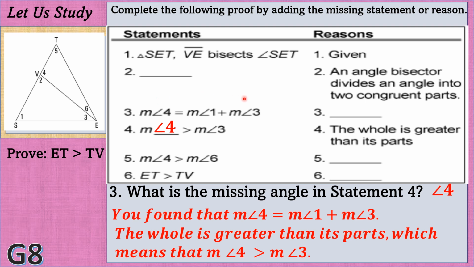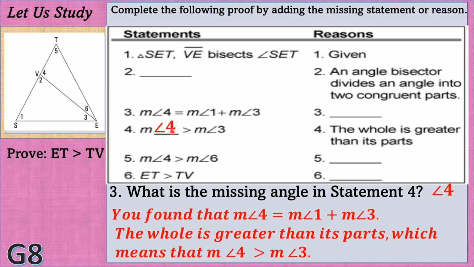Also, the measure of angle 3 is lesser than the measure of angle 4 kasi part lang din si angle 3 ni angle 4. Dahil kailangan mo pang i-add ang measure ni angle 1 at ni angle 3 para maging equal sa measure ni angle 4.